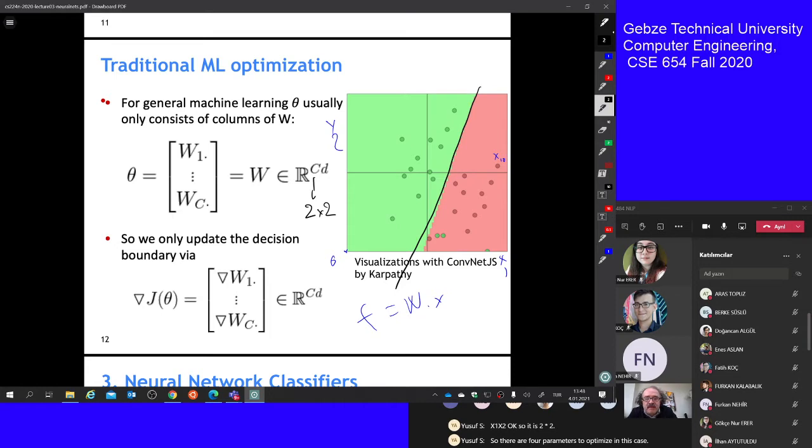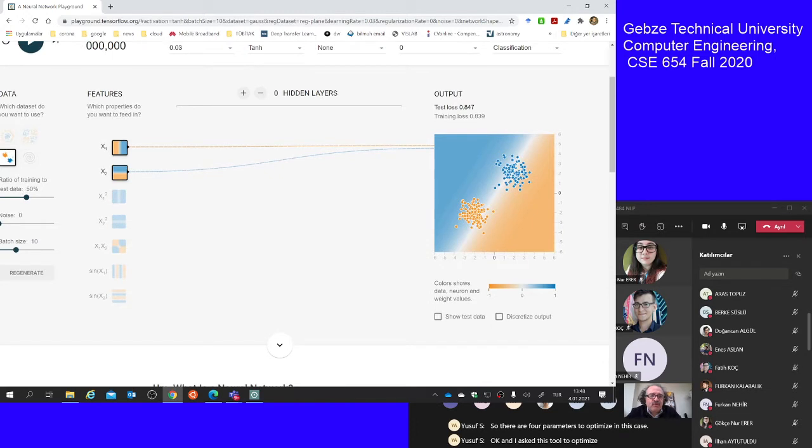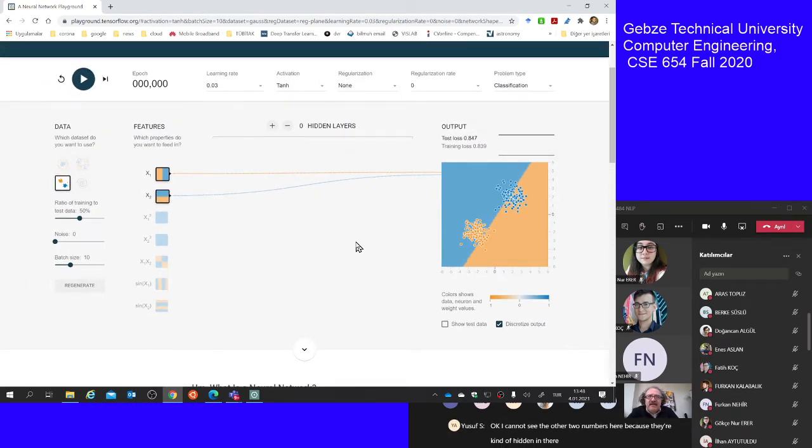I asked this tool to optimize it for me and show me the results. At the beginning, some of my values are 0.27, minus 2, 0.42. They're just random numbers. I cannot see the other two because they're hidden.